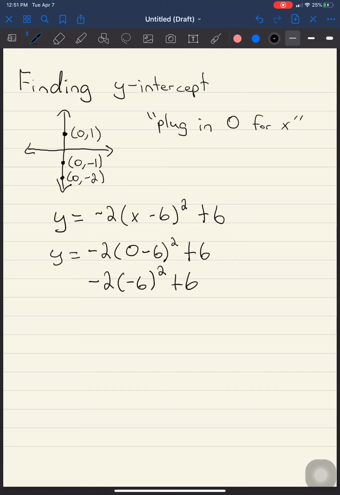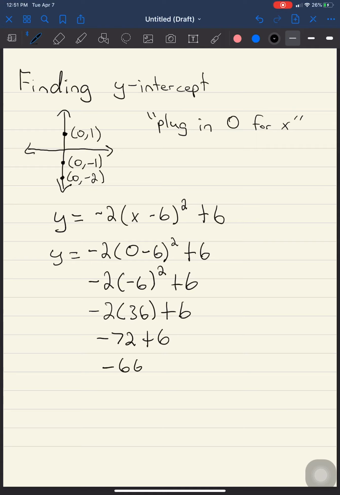Then exponents: negative 6 squared is going to give me 36. Now multiply and divide: negative 2 times 36 is going to give us negative 72. And the last thing we have to do is add: negative 72 plus 6.